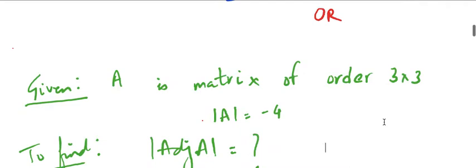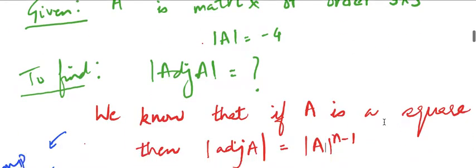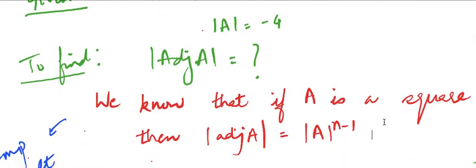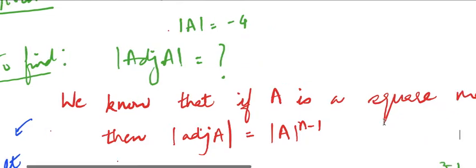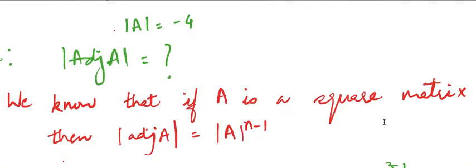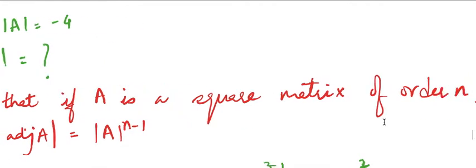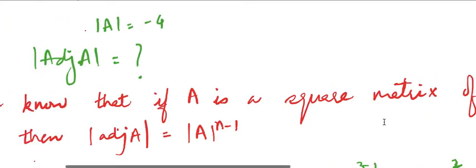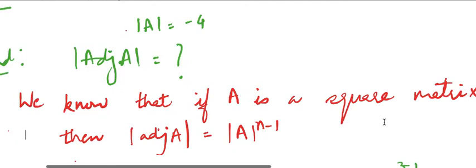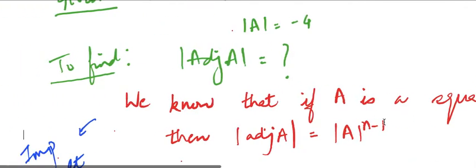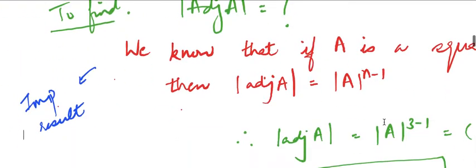If A is a square matrix of order n, then determinant of adjoint A is determinant A raised to the power n minus 1, 1 less. And this is a very important fact and you have to remember this.